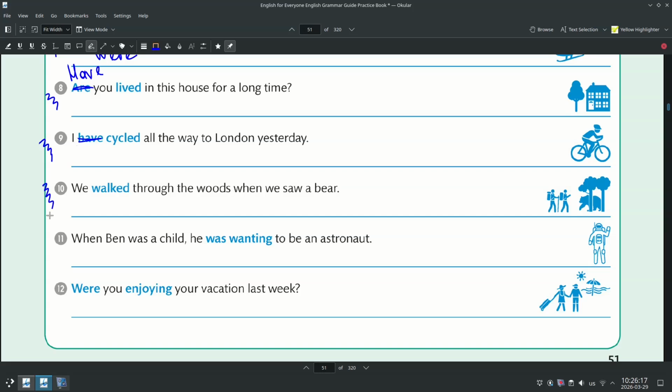Number 10. We walked through the woods when we saw a bear. We were walking through the woods when we saw a bear. 11. When Ben was a child, he was wanting to be an astronaut.